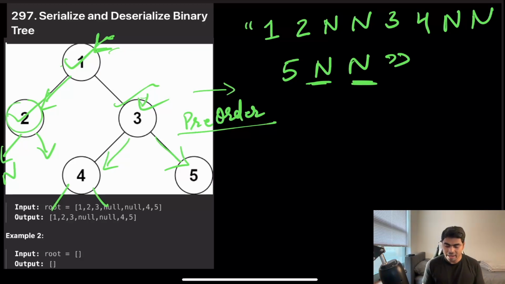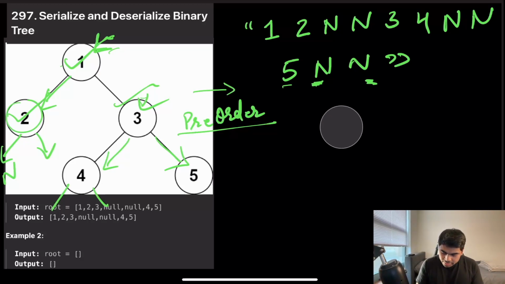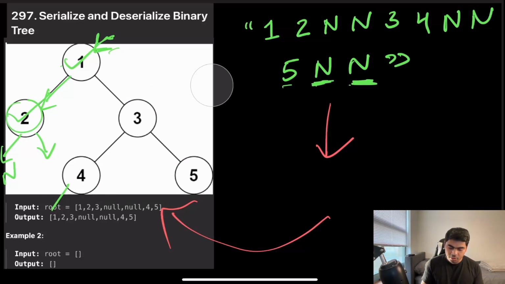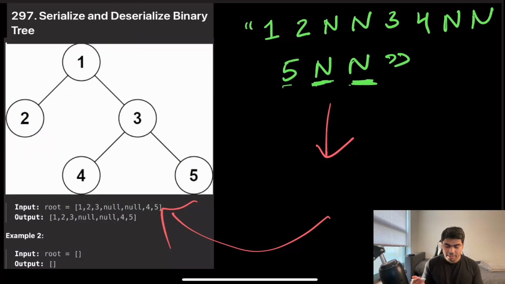When you have the value and its left place and right place are represented with n. N means None. So now we have created this. Now we have to convert it into this tree. How are we going to do it? We have done pre-order, we got our string, and serializing was easy.